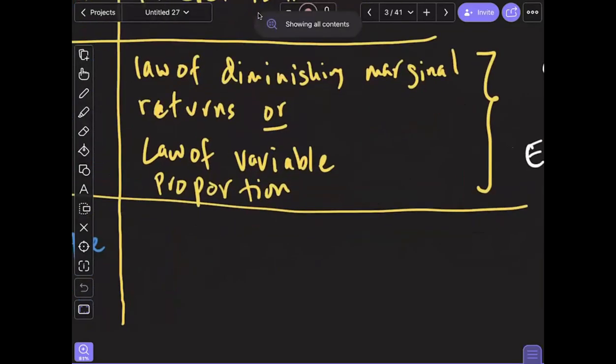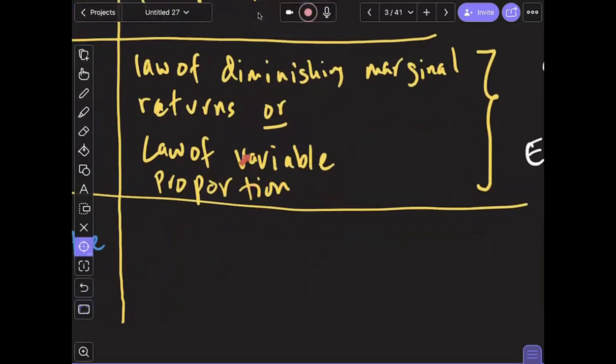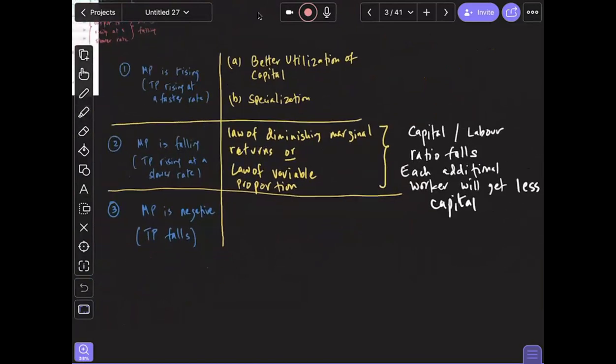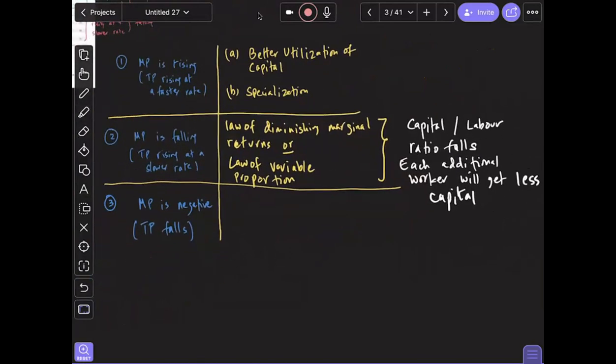It's because the proportion in which you add the variable factor is basically causing the equation to change and therefore productivity to change. Okay, so the law of variable proportion is another name for the law of diminishing return. So why does MP rise? Well, because you're utilizing your capital better and you're doing division of labor. Why does MP fall? Because same capital, more and more labor.